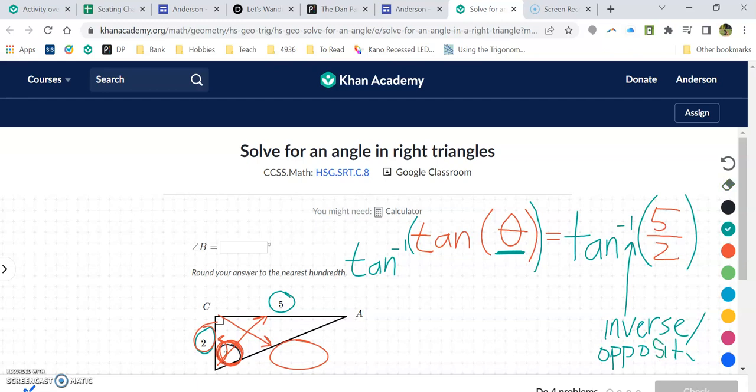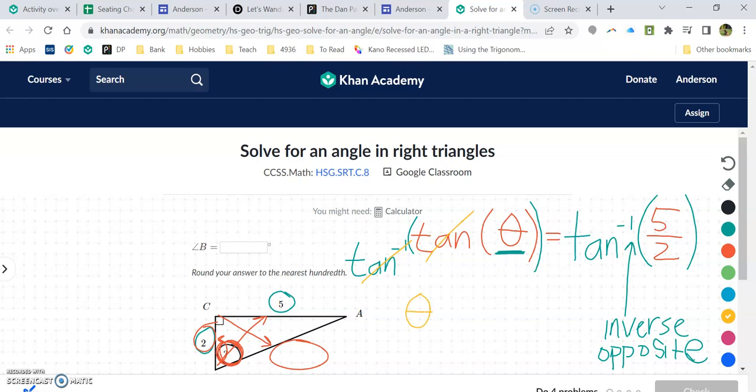There we go. Opposite. A little better, not best. Okay, now that we are here, let's see what color should I use? I will use yellow. So now this inverse tan and the regular tan go away.